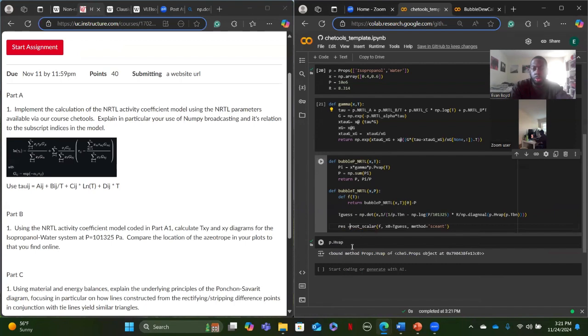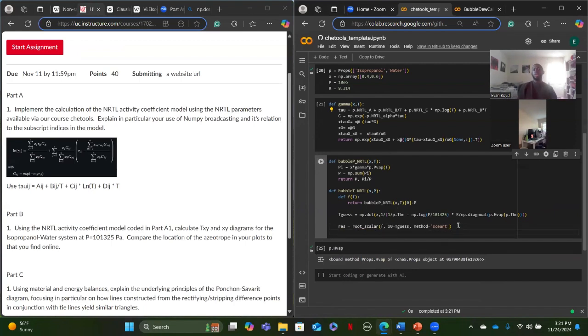Okay. And one thing we also want to put is that sometimes these root scalars can not converge. So we have to make sure that they do converge. So we can put an if not statement, and this is res.converged.